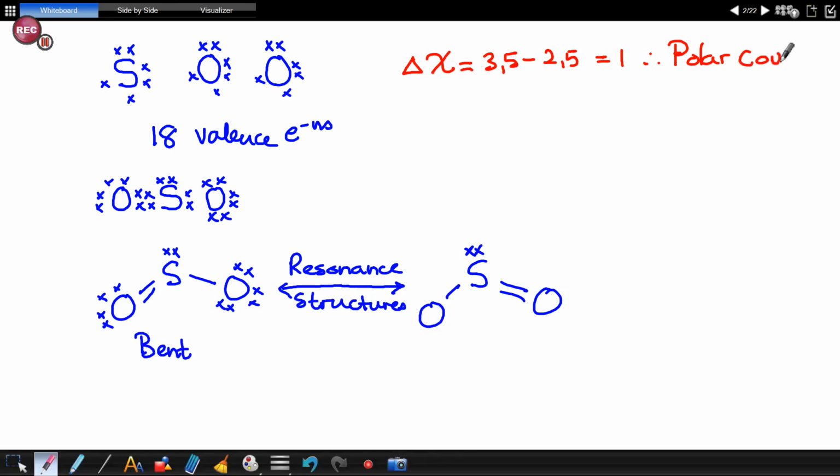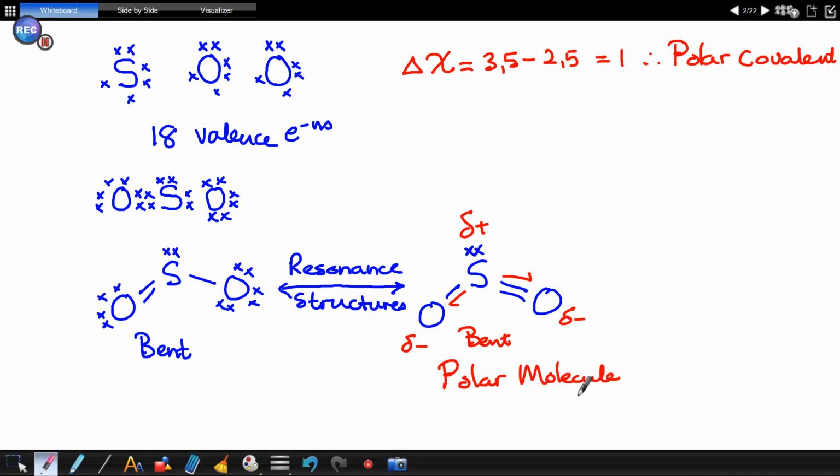And it's a polar molecule, because the electrons shared between the sulfur and the oxygen spend more time with the oxygen. The oxygen part of the molecule is polarized negatively, and the sulfur would be polarized positively. And because of the shape of the molecule being bent, it's a polar molecule.